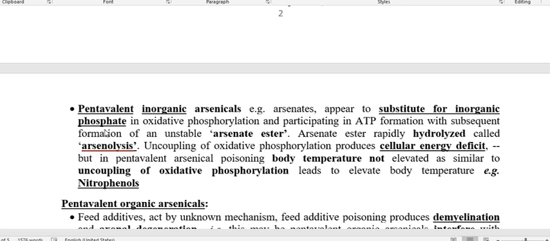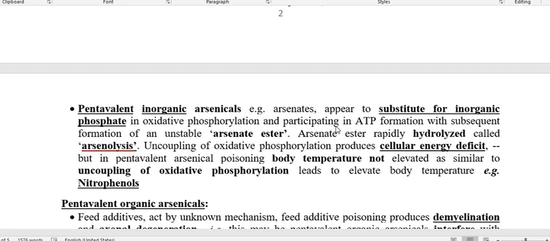So while ATP is being synthesized, in place of one inorganic phosphate, the pentavalent arsenic form gets attached there and forms arsenate ester.